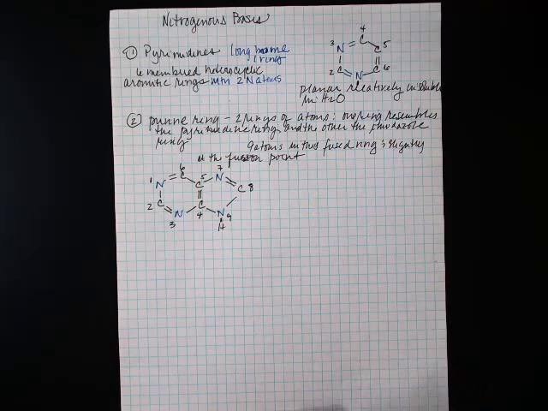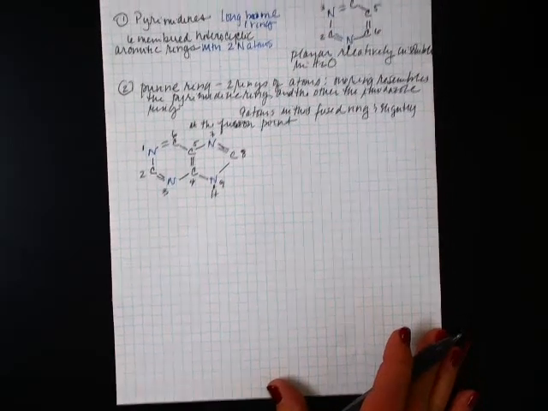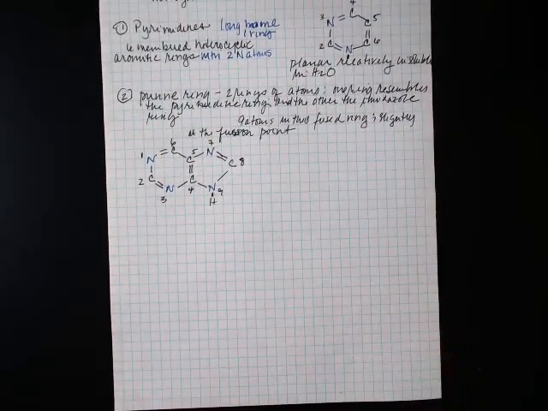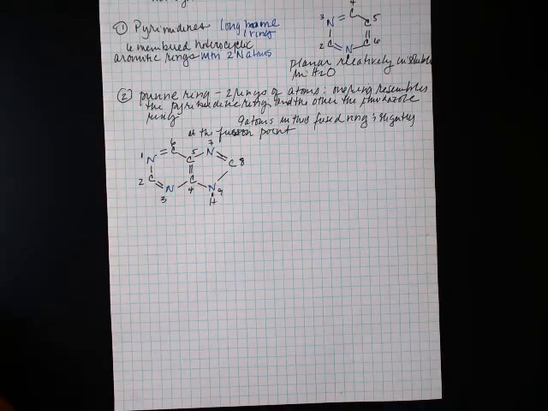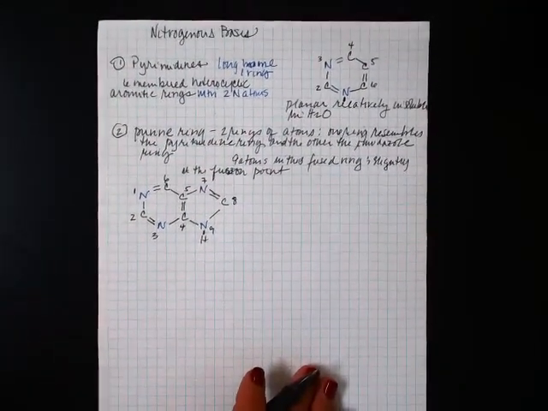So our structures that are components of RNA and DNA are going to be derivatives of these two types of nitrogenous bases.